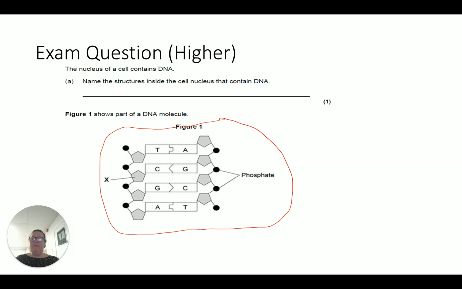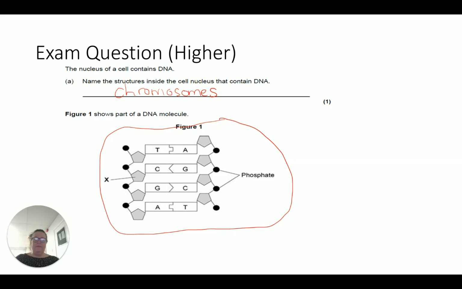Yes, we know that. Name the structures inside the cell nucleus that contain DNA. So, have a little go. Hopefully you got this: chromosomes. Okay, so they're inside the nucleus. They contain chromosomes.